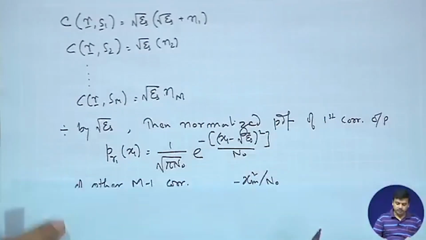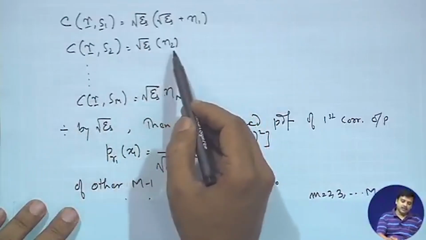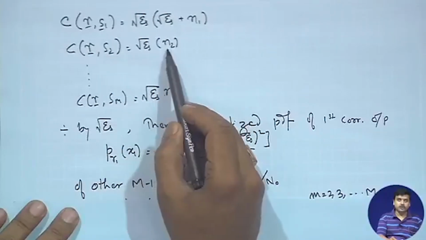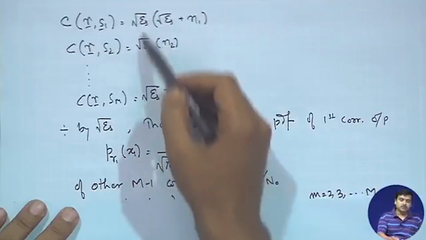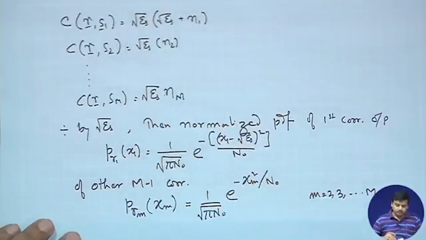This we have been using before. For all other correlators, you can easily see that the normalized output should have a mean of 0, and the variance will again be N0 by 2. We are ignoring this term because it is common to all, so we can divide by root over Es and eliminate that term.